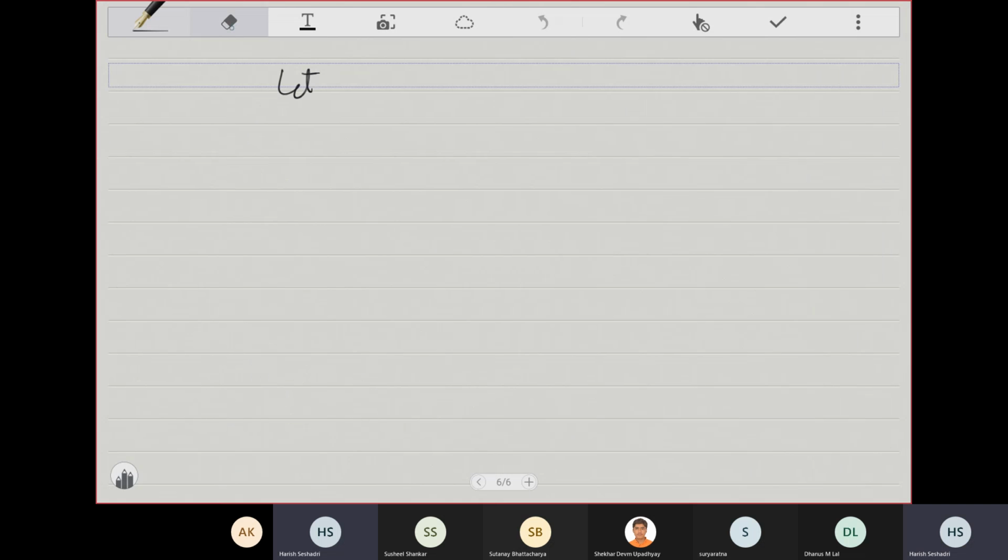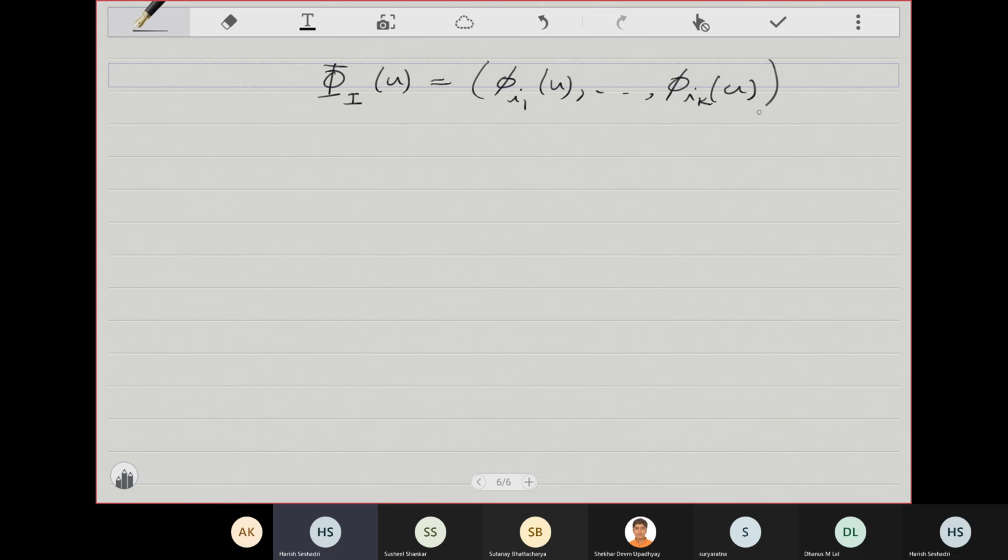Again, that was my notation, that phi I of u is phi I1 of u, ..., phi Ik of u. Phi I was a map from D to R^k.